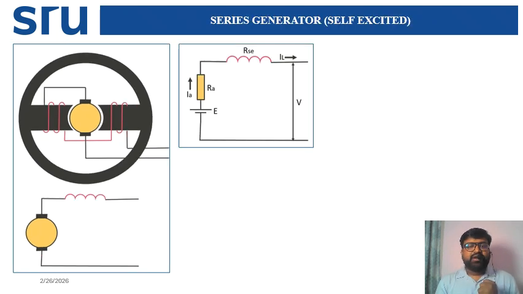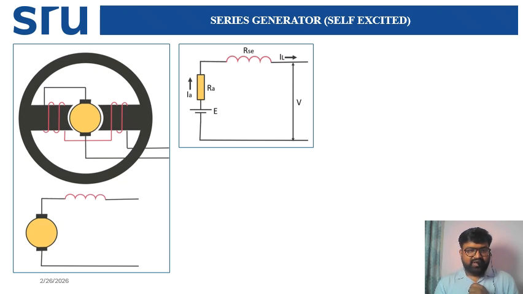Now come to the series generator, another self-excitation method. In series, the field winding and armature winding are both connected in series. That is nothing very difficult, it is very simple. The circuit diagram will illustrate it. First, see the current directions.